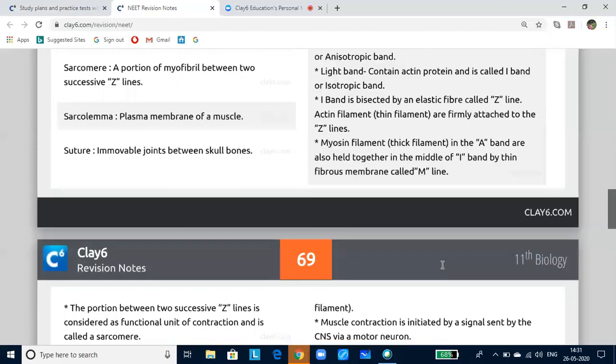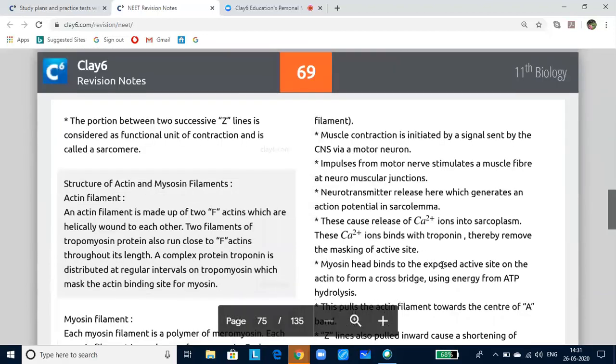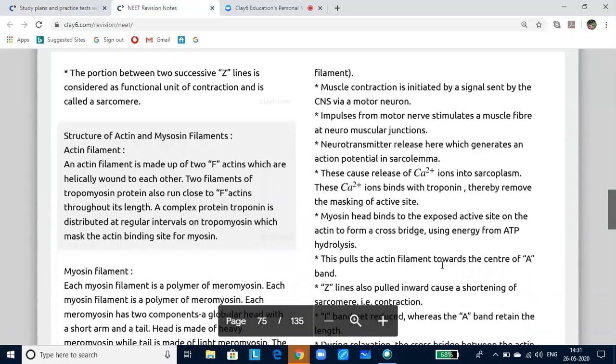Now, from the structure, let us look into the composition of the muscle fibers and the contractile proteins present. Muscle tissue contains about 75% water, 20% protein, and 5% non-protein organic matter and minerals. Potassium is the most abundant mineral element in the muscle.